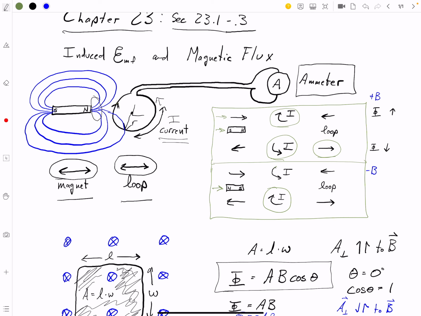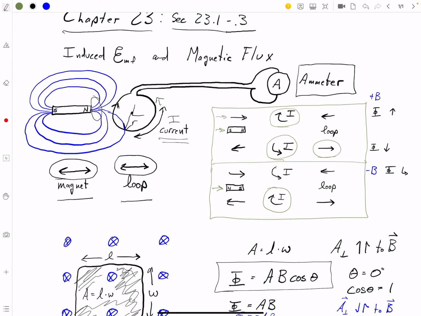So if the B is negative, our magnetic flux then is going the opposite direction and is negative. So that generates a current that goes in the opposite direction.